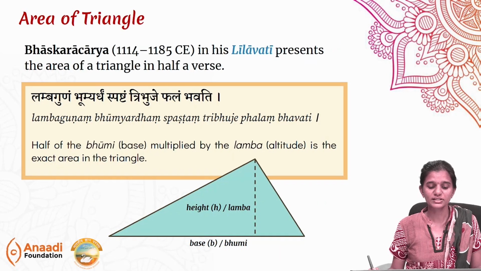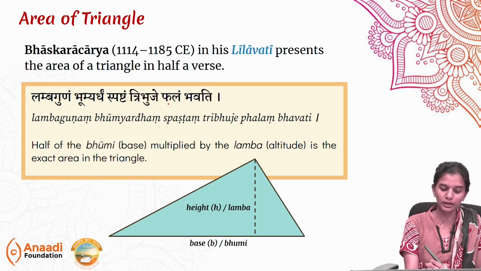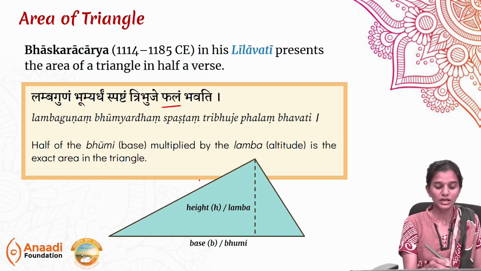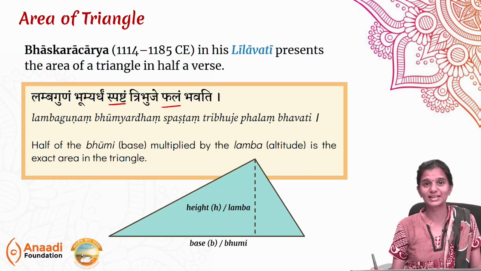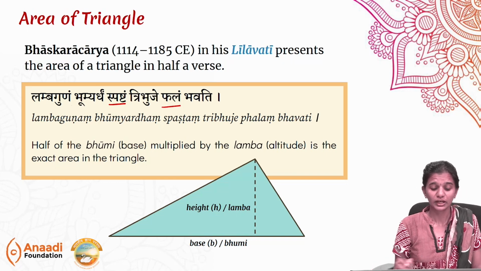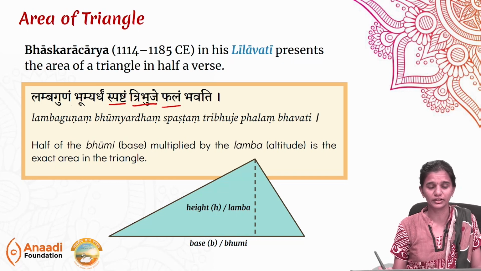Bhaskara II or Bhaskaracharya in his Leelavati presents the area of a triangle in half a verse. Lambagunam bhumyardham spashtam tribhuje phalam bhavati. What does he say? Phalam means area. Spashtam phalam means exact area. Where? Tribhuje, in a triangle.